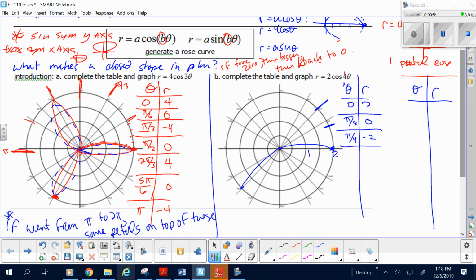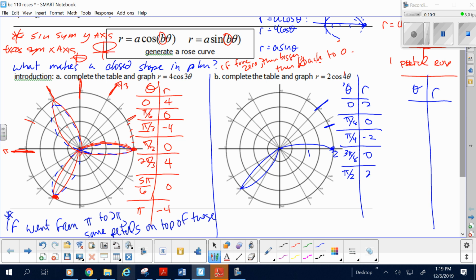Then at 3 pi over 8, I'm just going by pi over 8 each time. 2 cosine of 4 times 3 pi over 8 is cosine of 3 pi over 2, and that is 0. Don't overthink it. Look at the pattern here: it's 2, 0, negative 2, 0, 2, 0, negative 2, 0. So at 3 pi over 8, we're at 0. At 4 pi over 8, or pi over 2, what's the next number in the pattern?